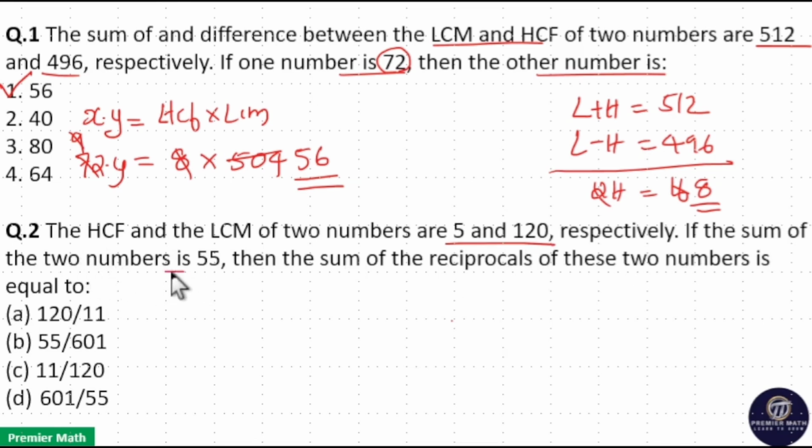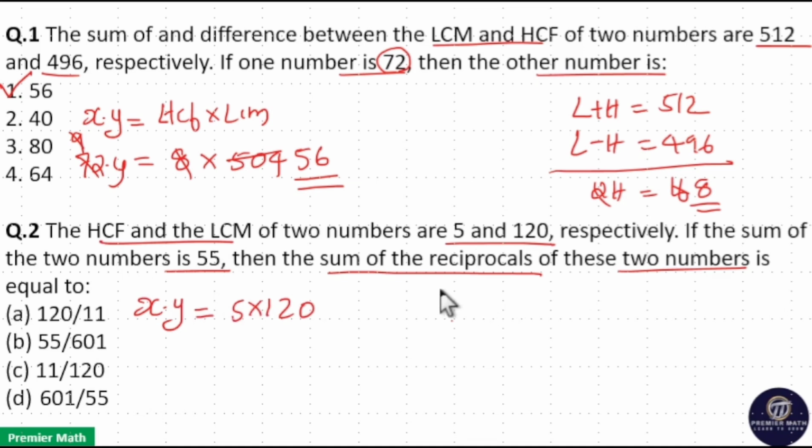Same way, HCF and LCM of two numbers are 5 and 120. If the sum of two numbers is 55, then the sum of reciprocals of these two numbers is equal to? Here take the numbers as x and y. Then the product of these two numbers is equal to the product of their HCF and LCM, which is 5 into 120. Now the sum is 55. We need the sum of reciprocals of these two numbers.